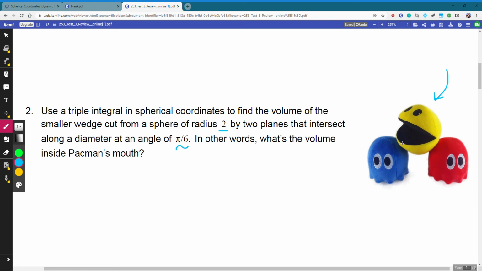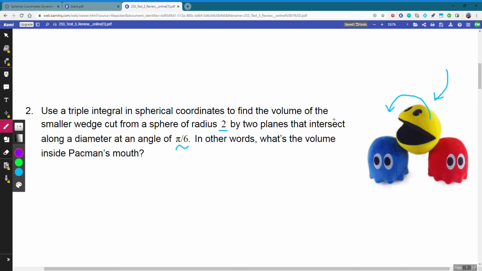One is to take Pacman and turn him over a little bit, lay him on his side so that his mouth is going straight up and down, from side to side.